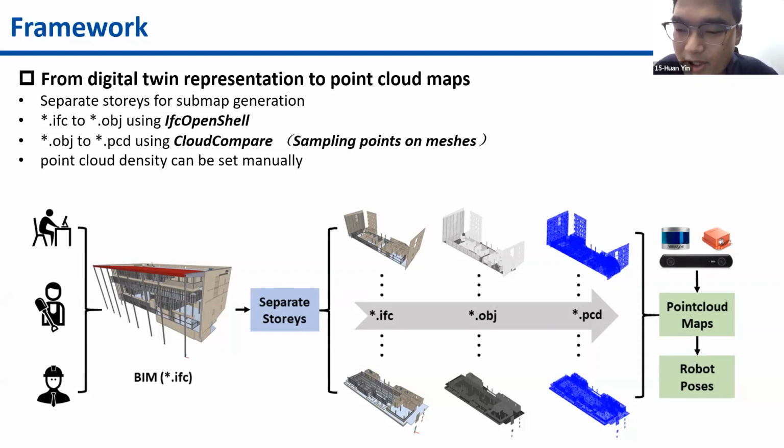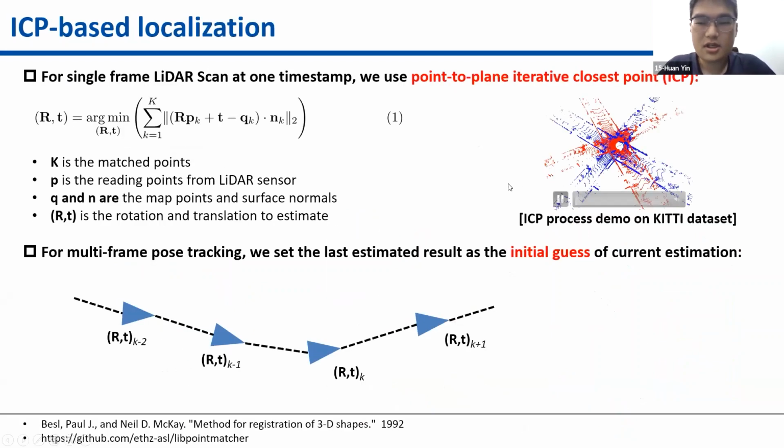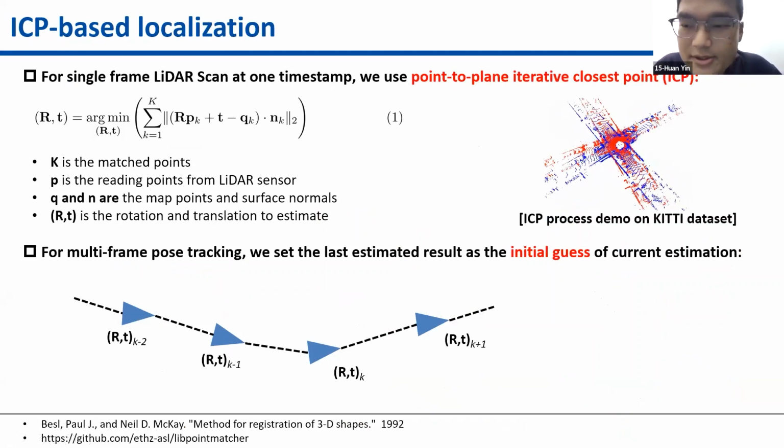After we get the maps, we can use sensors to localize the robot on the point cloud maps. In the localization pipeline, in this study, we use a popular method, which is ICP, Iterative Closest Point, to localize the robot on the map. At one timestamp, or at one laser scan, we use ICP to reduce the error between the collected laser scan and the converted BIM-based map.